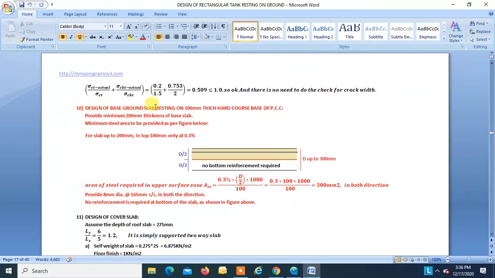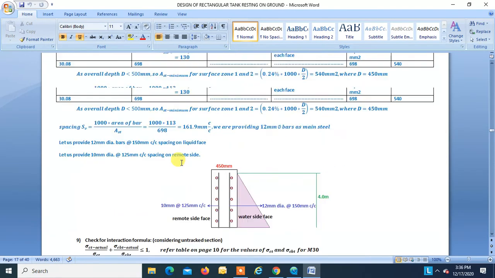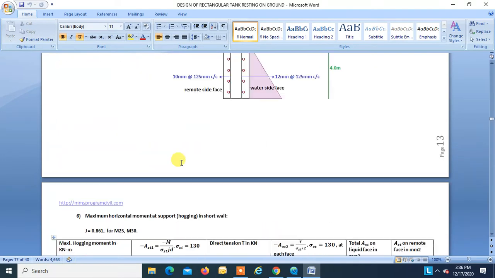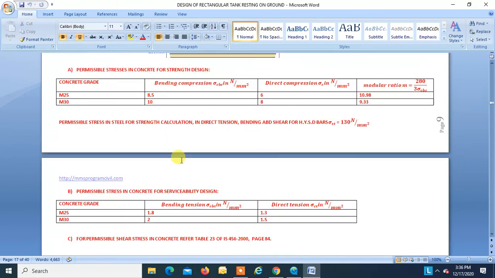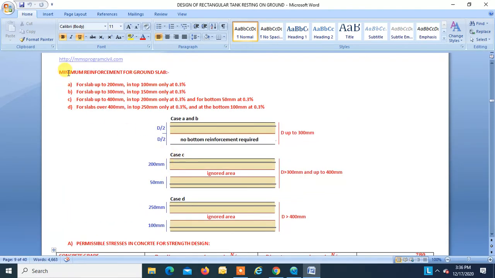Now design of base ground slab resting on 100 mm thick PCC hardcore, right? Provide minimum 200 thickness of base slab. Now we saw over here the minimum reinforcement for ground slab, and when the slab is up to 200 mm, we have to take this criteria.